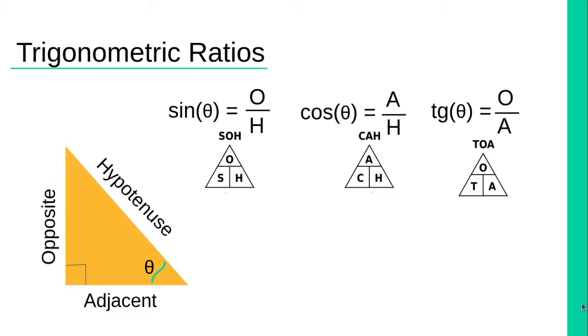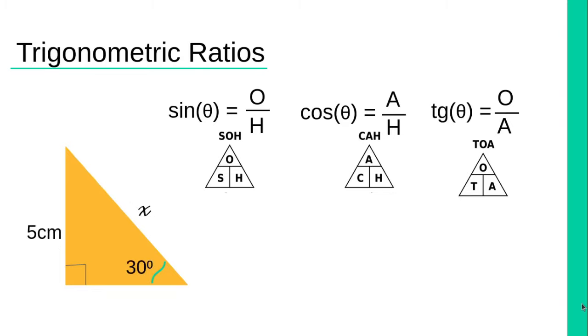So for example, if we are asked to calculate x, the hypotenuse of a triangle, with theta being equal to 30 degrees and the opposite side to this angle being 5 centimeters, then we have to look for one of these 3 trigonometric ratios that relates the opposite side, the hypotenuse, and the angle.